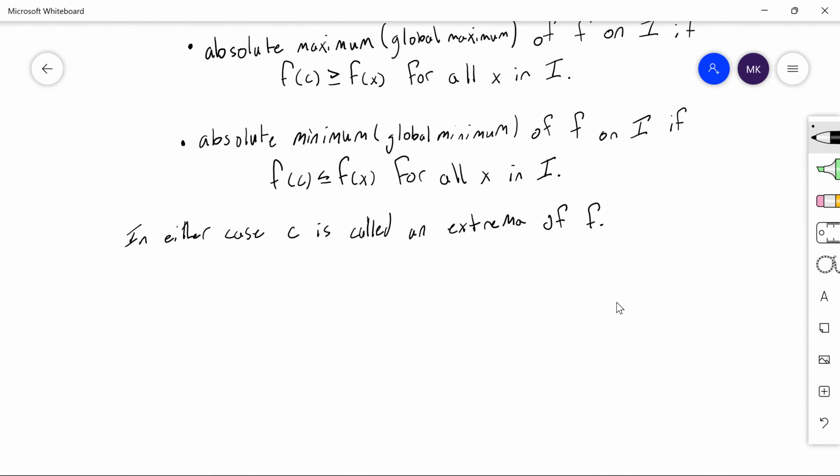Now, here is something called the extreme value theorem.